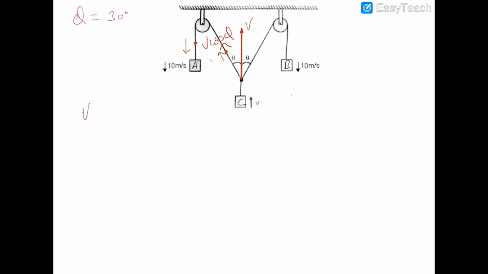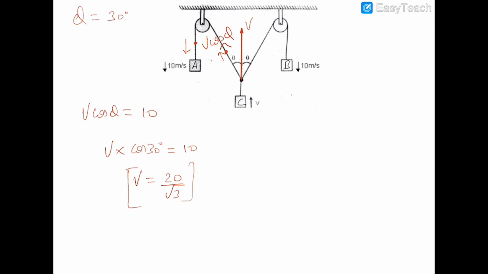So I am equating v cos theta with 10, and v cos 30 will be equal to 10, and v will be equal to 20 upon root 3. This is the required answer. I hope you are getting it clearly, as this is a very simple concept which we can use in constraint motion problems of ropes.